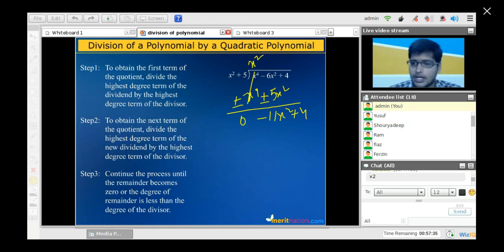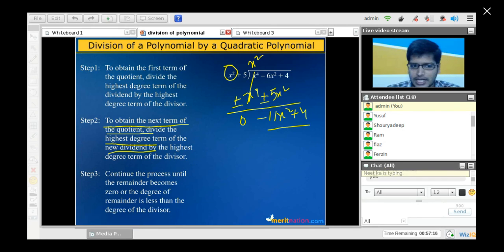Now, to obtain the next term of the quotient, divide the highest degree term of the new dividend by the highest degree term of the divisor. Again, the highest degree term of the divisor is x squared.